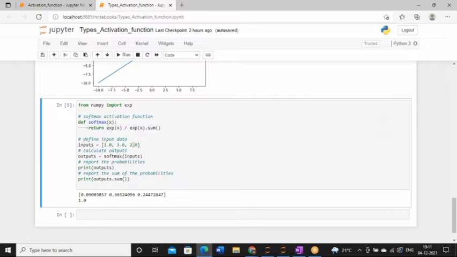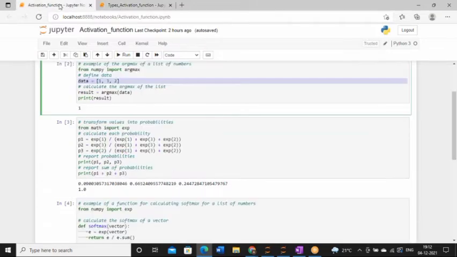Among 1, 3, 2, the more important value is 3 for our case, for example. So it will try to assign the maximum weight to the index value of 3. We have to understand the concept of maximum weight assignment, then only can we understand the meaning of this 1.0.